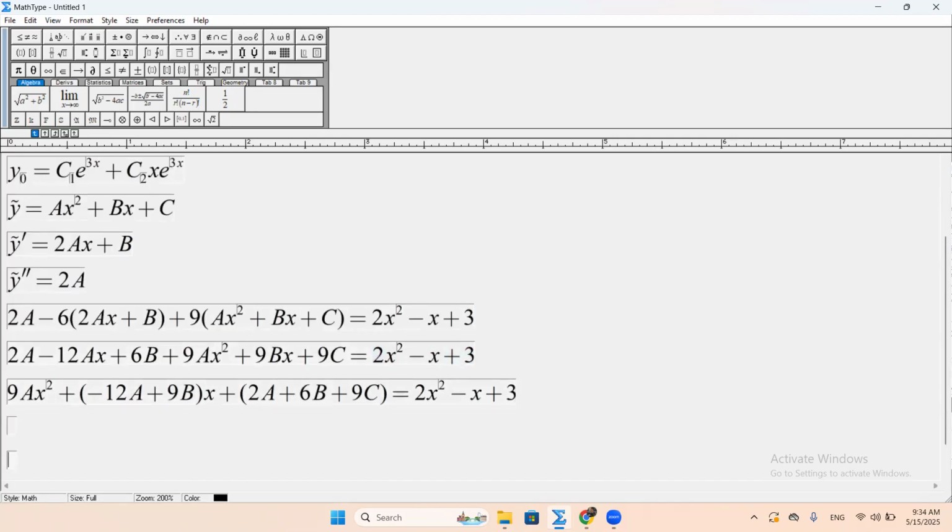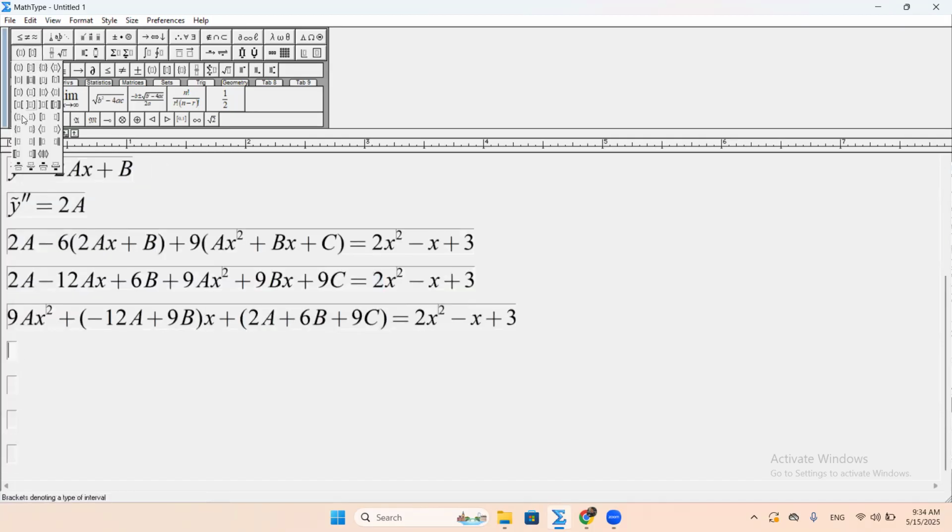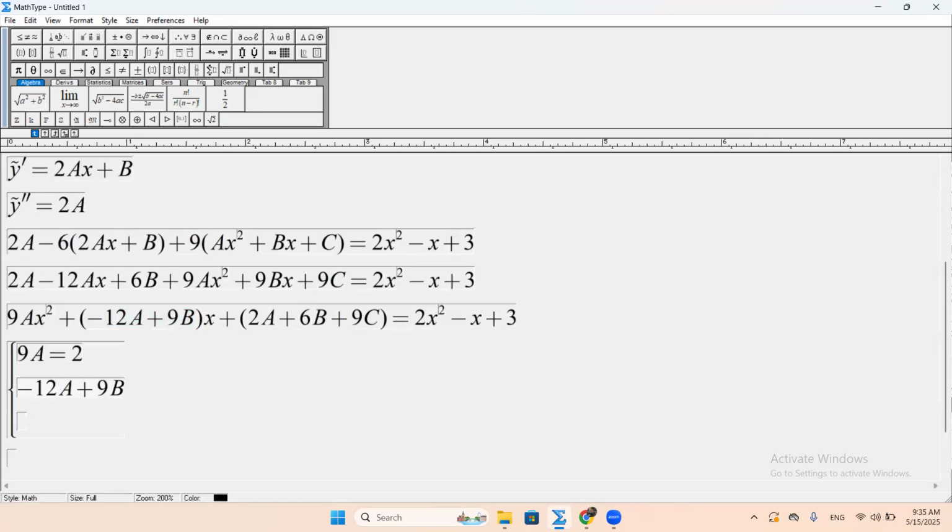So we have the following system: 9a equals 2; minus 12a plus 9b equals minus 1; and 2a plus 6b plus 9c equals 3.